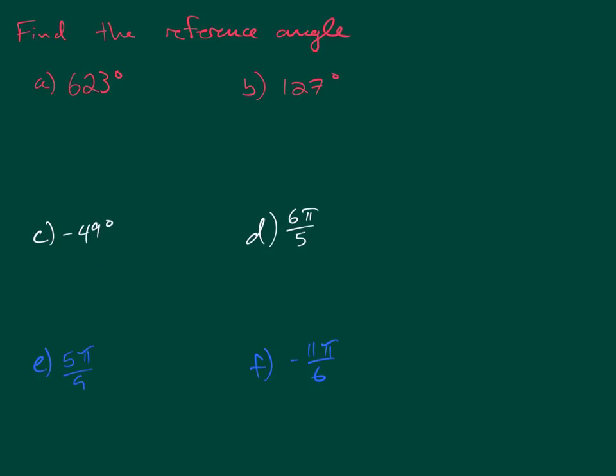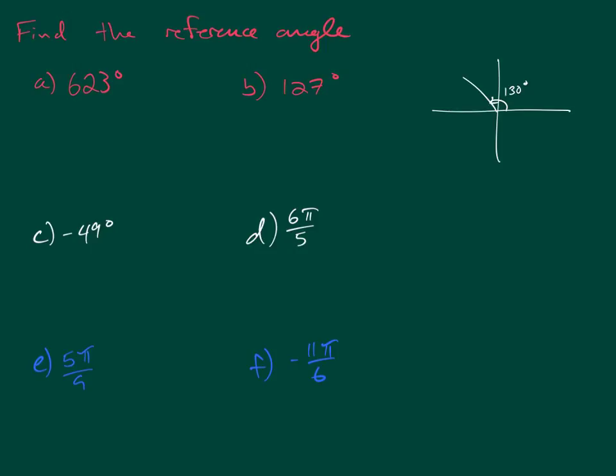On this page, some reference angles. Just so you know, the reference angles are going to be within 90 degrees of a multiple of either 180 degrees or pi. So, layman's terms, if you know where an angle is, so let's say here, I know this angle, let's call it 130 degrees.